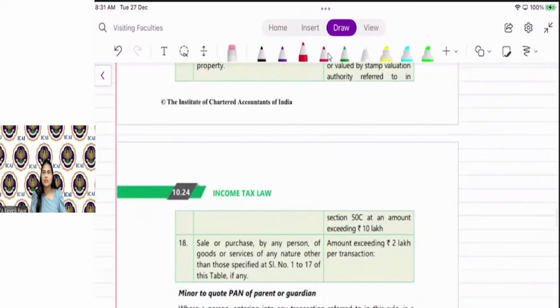And you may have knowledge of the Annual Information System. All these transactions are reflected in your Annual Information Statement of income tax.